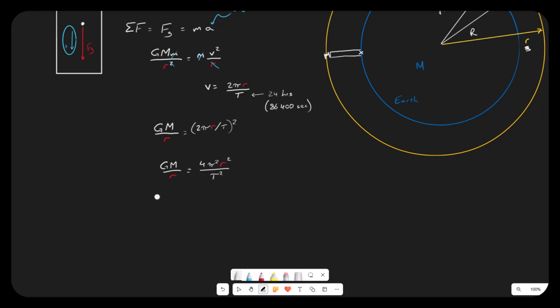I now have an equation that only has r as an unknown. So I'm going to solve. I'm going to multiply this side by r to cancel that out, which means I multiply this side by r. I'm going to multiply by T squared to get rid of that. And I'm going to divide by 4 pi squared to get rid of that.